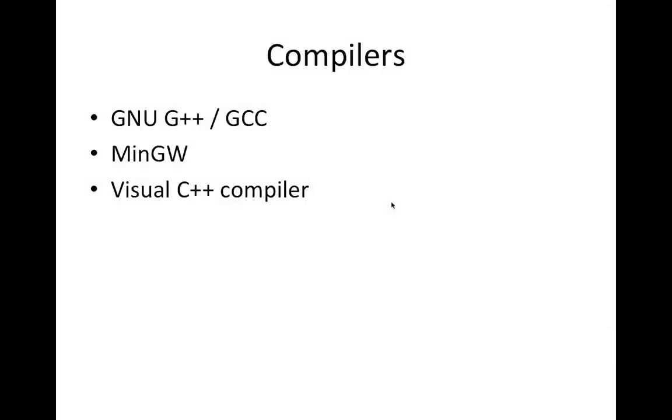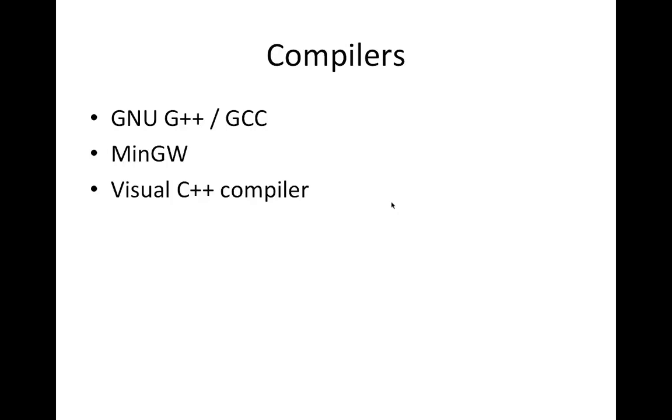So to get started with C++, there are basically two things you need. A lot of the best stuff is free, and I'm going to be using free stuff in this course. The first thing you need is a bunch of software programs that together we collectively call the compiler. We're going to write C++ programs as text files, what we call source code files, and then we use some software, the compiler, to turn those text files into a computer program.